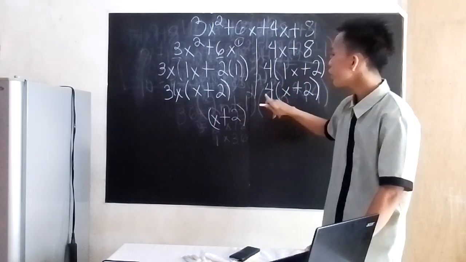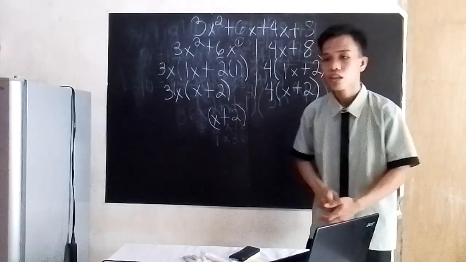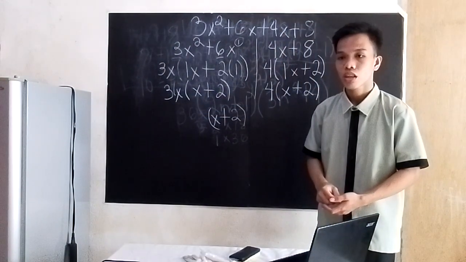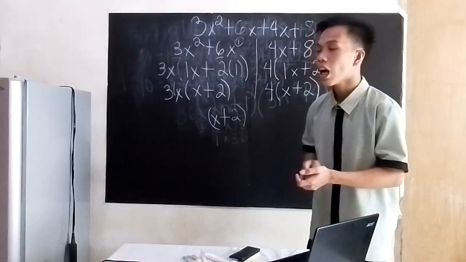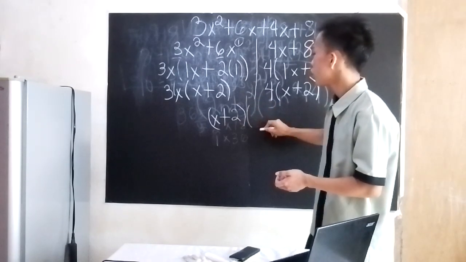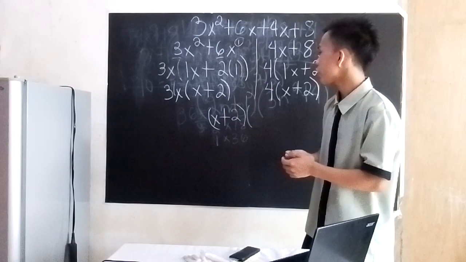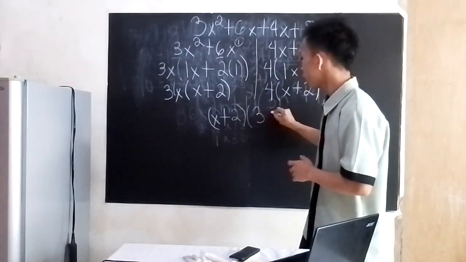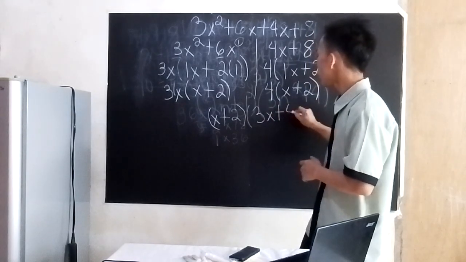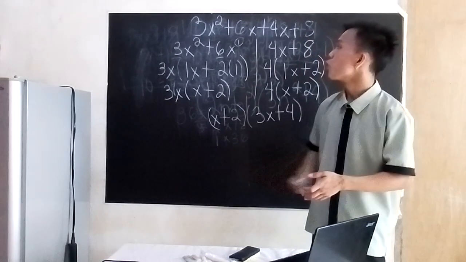And how are we going to combine 4 and 3x? That's right, we are going to combine them by addition. So what is our expression for 3x and 4? That's right, that will be 3x plus 4. So that is how we perform the grouping method.